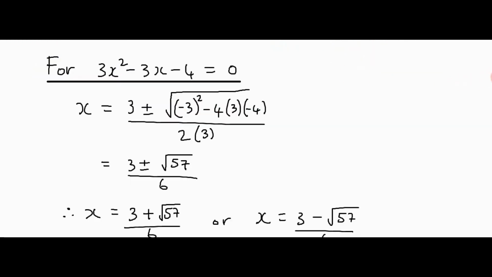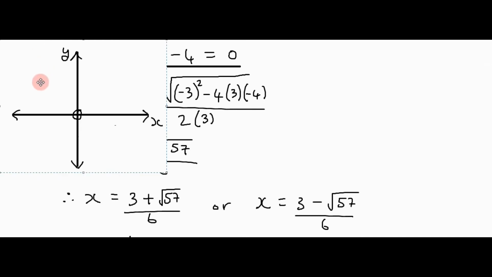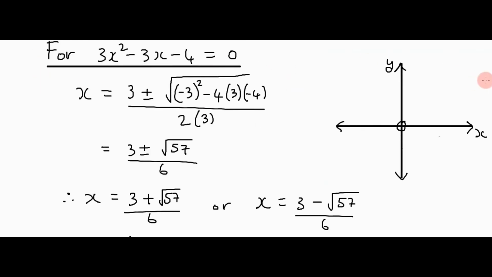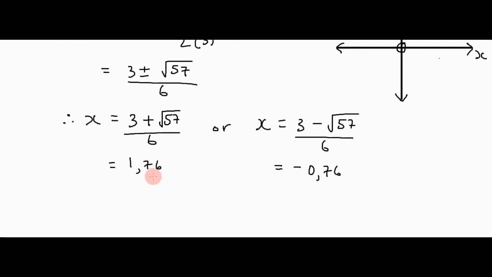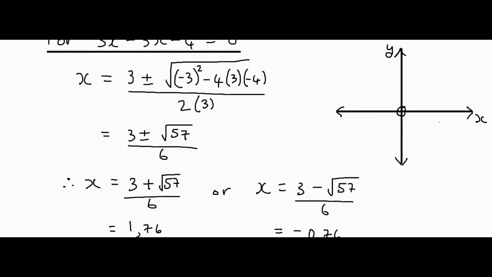So now we can draw the parabola. We do have our roots. Our roots will be 1,76 and negative 0,76. So negative 0,76 and 1,76.